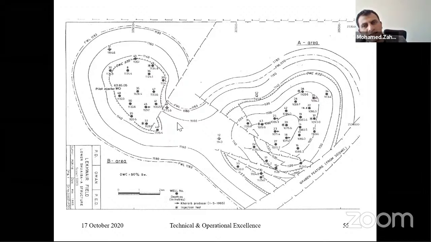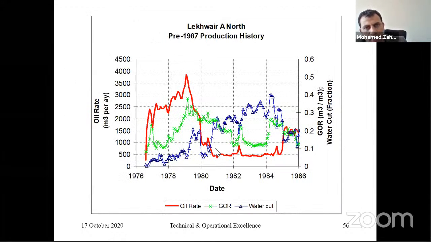This is a reservoir. This is another reservoir, like what you try to work on. This is a surface map. And we looked at the production. This is the oil rate. It started at 3,500 barrels. Then with time, the rate declined, definitely because of the pressure, and the water cut increased.